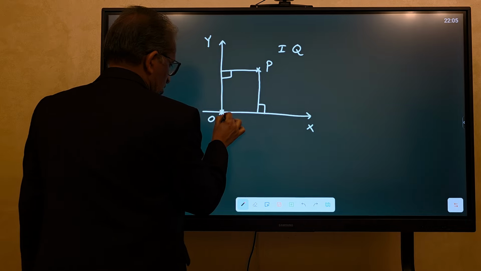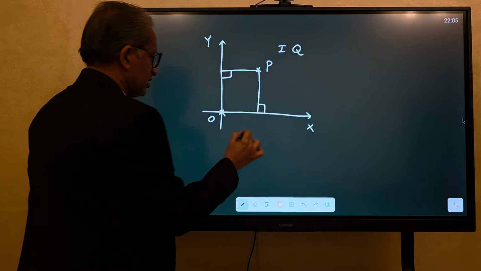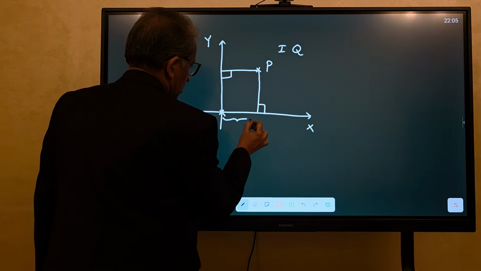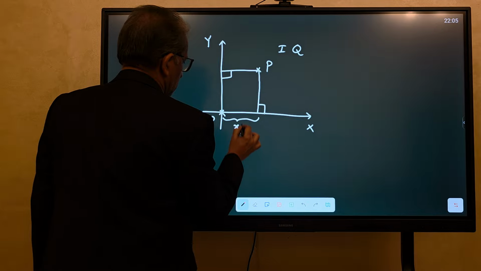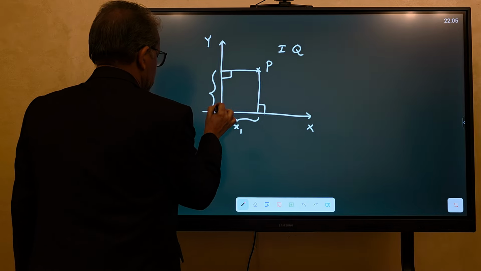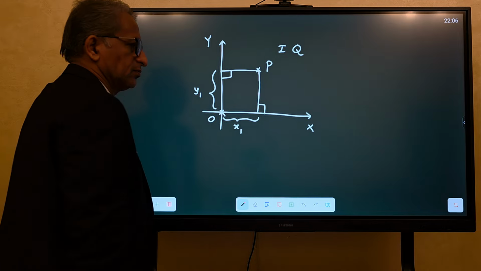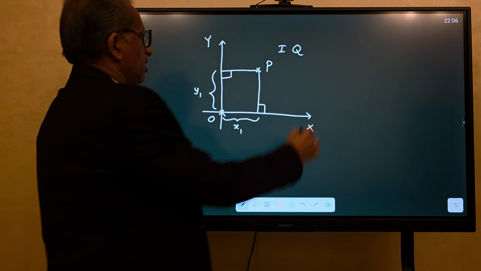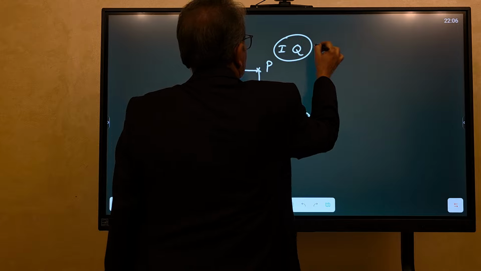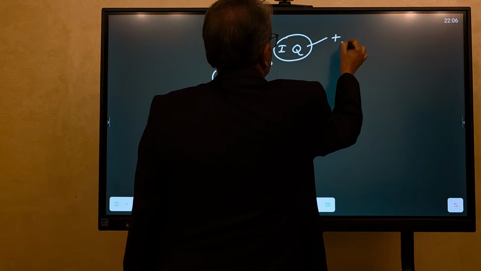This is your origin from where you start measuring. Let's say this distance is x1 and this distance is y1. And you know that in the first quadrant both are positive.